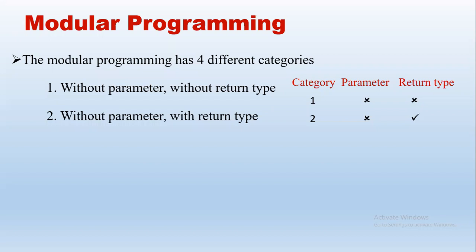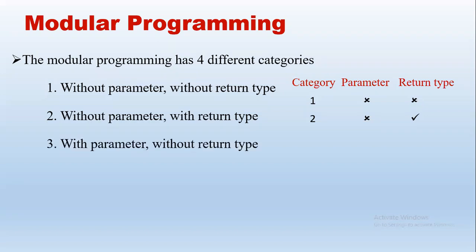Whatever variable we have taken, total, we have to return that back. So there is a return type. If we are adding 2 integers, the result is also an integer, so the return type will be an integer. So we are giving the return type in the second category.